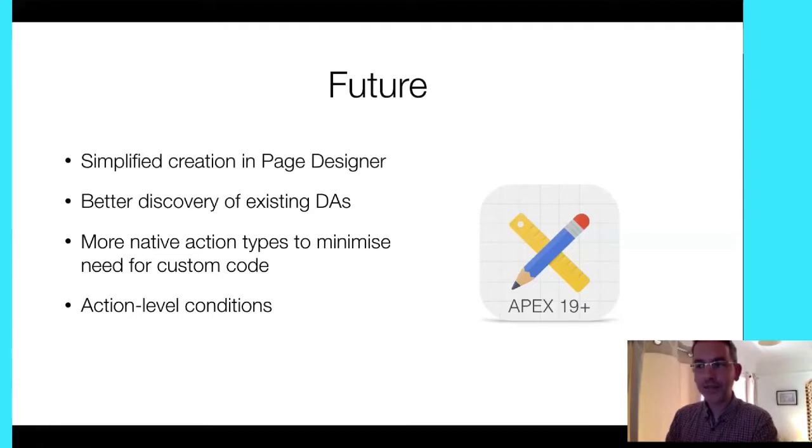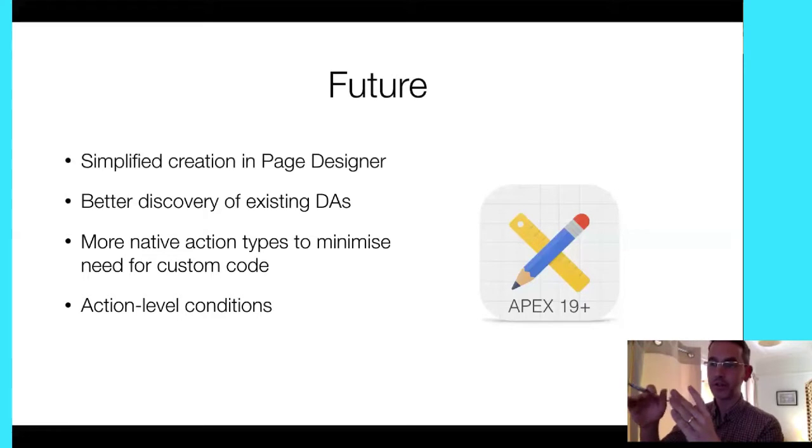Action level conditions is something we've wanted to do for a long time. At the moment you just have the ability to define the condition at the when level, the event level. But what would be very useful would be to just have this item changes, no condition, and then within the actions have conditions.